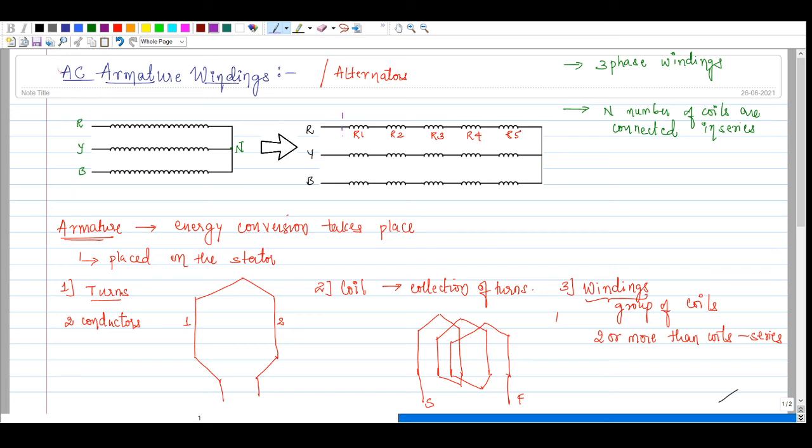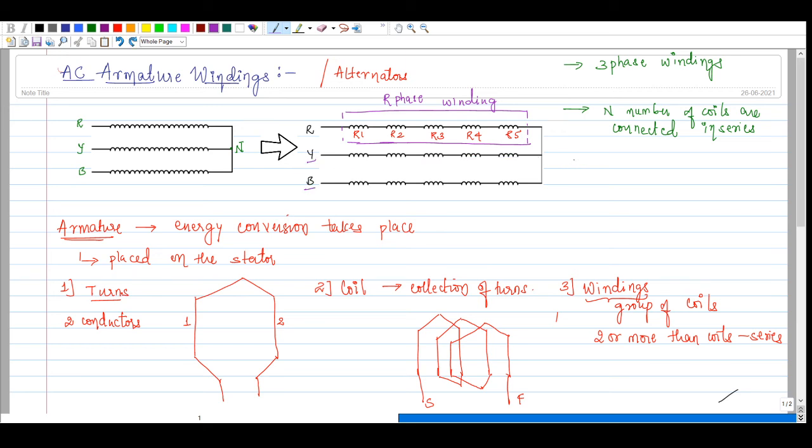So this entire structure from here is a winding. This is associated with R phase, so we call it R phase winding. Similarly, we have Y phase winding and B phase winding.